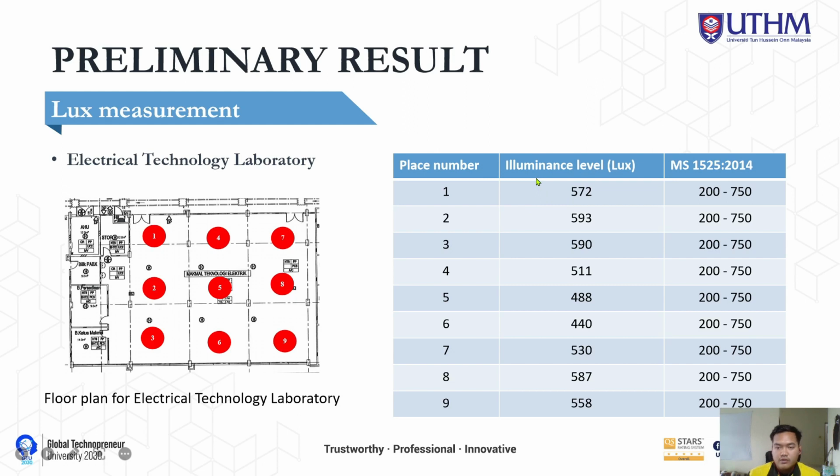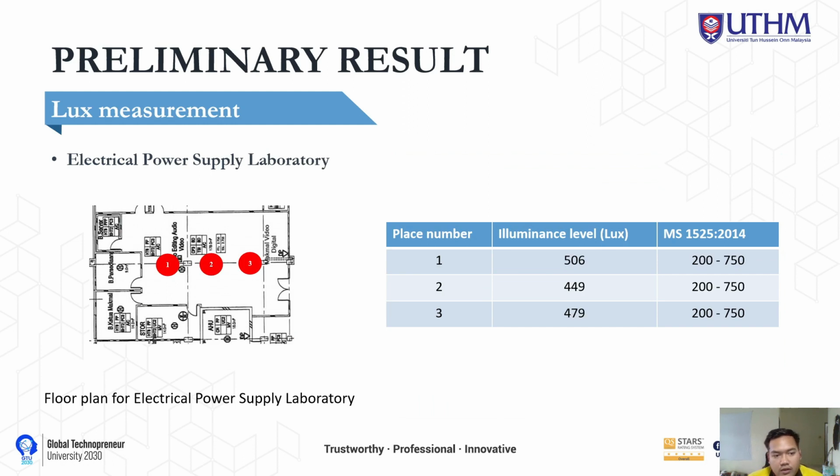The luminance levels that I obtained are in the table on the right. Many of the luminance levels are good and follow MS1525:2014, which is the range of luminance level that should be in the room.